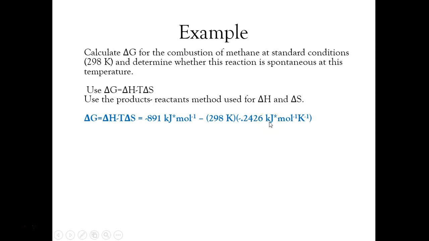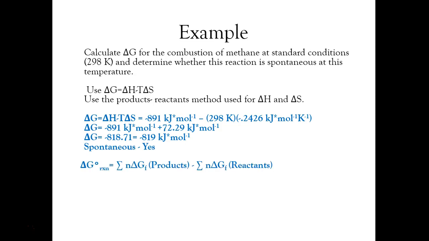This is per mole Kelvin. We need to make sure this temperature is in Kelvin, and this is at 298. So when we solve this, we get negative 819 kilojoules per mole. All right, so that's method 1.